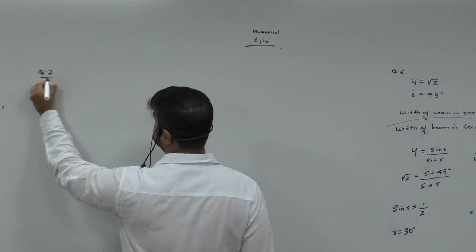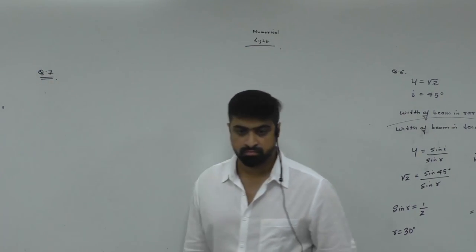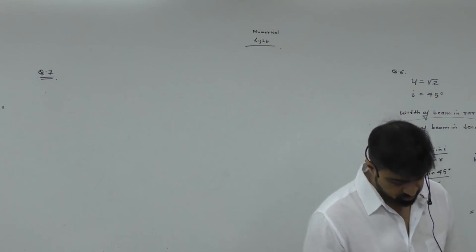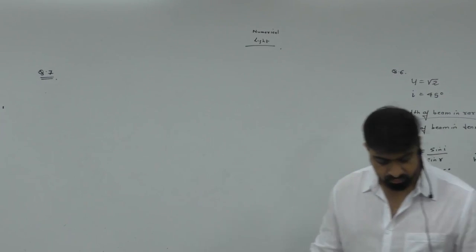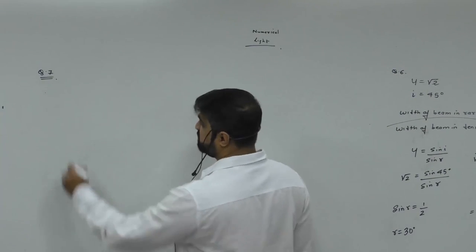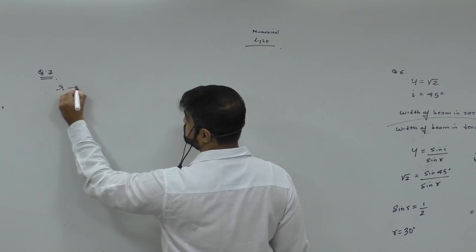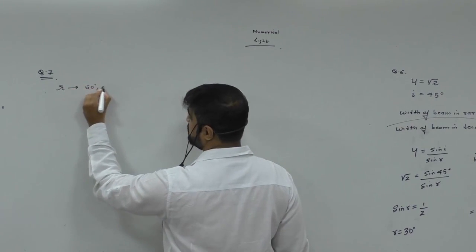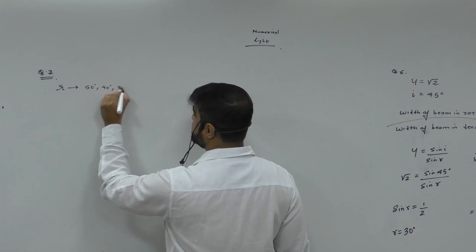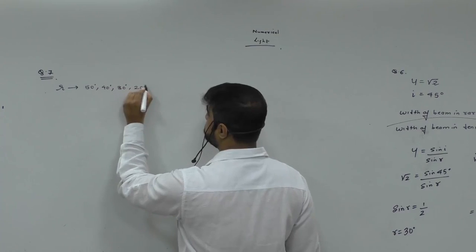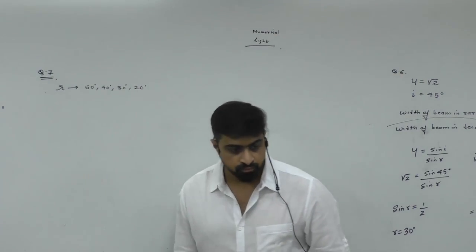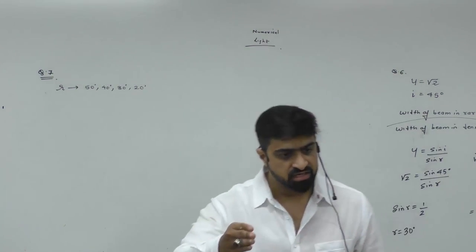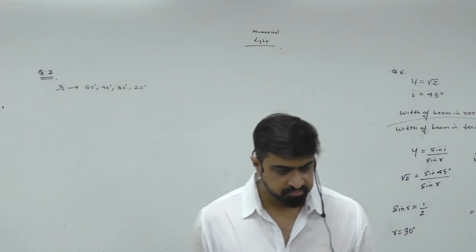Question number 7. They are telling you that angle of refractions in mediums are 50 degree, 40 degree, 30 degree, 20 degree. ये दिया हुआ है, मतलब R अलग अलग ये है, ठीक है.